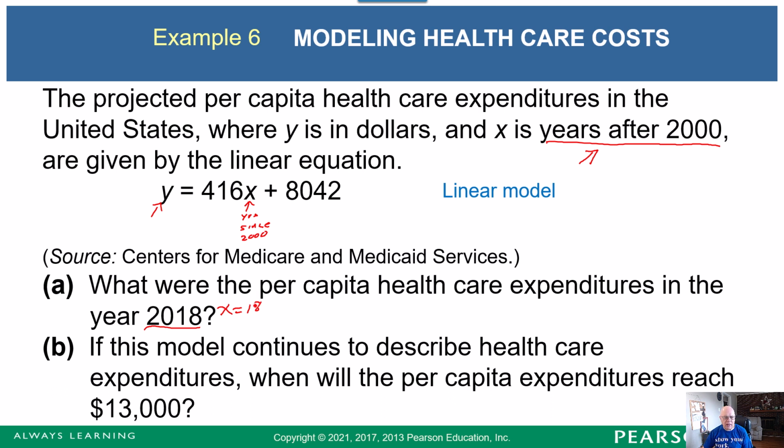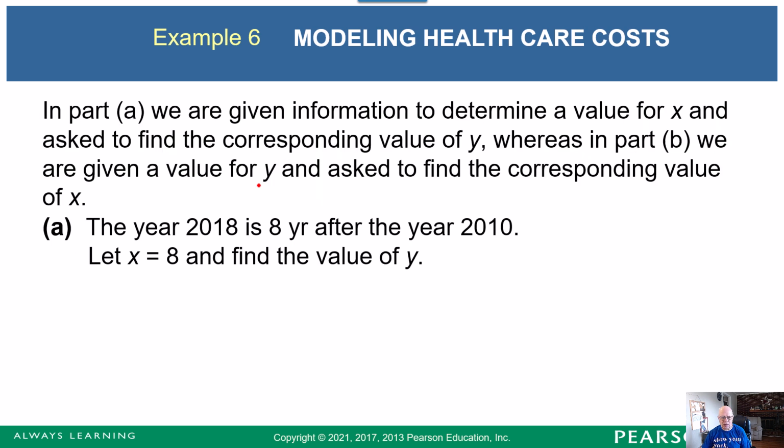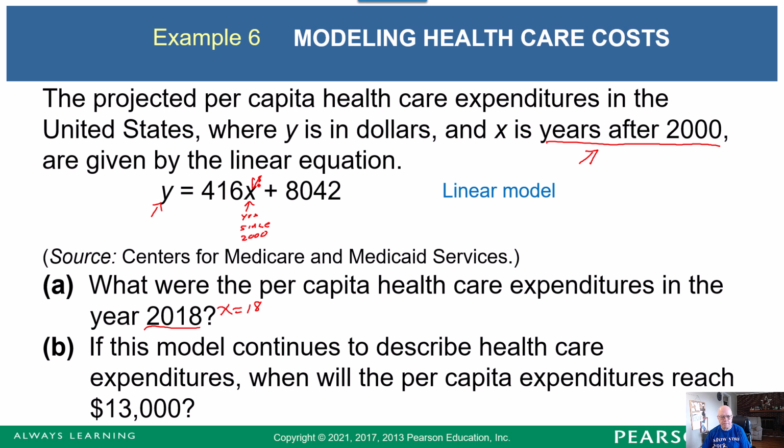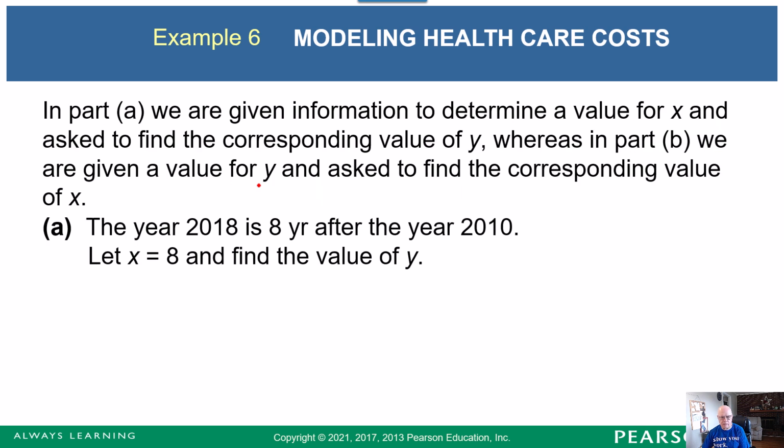So all we need to do is put the 18 in where the X is, do a little bit of calculation, and we can get that answer. Oops, did I make a mistake? No. Somehow they made a mistake though. It should be 18 years because they were talking about 8,000. There's a mistake there somewhere.